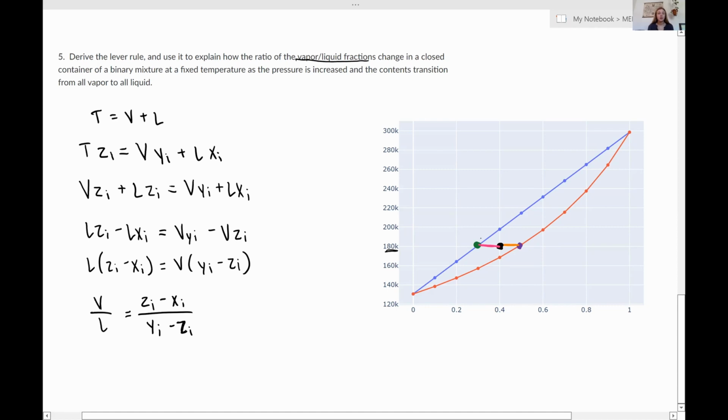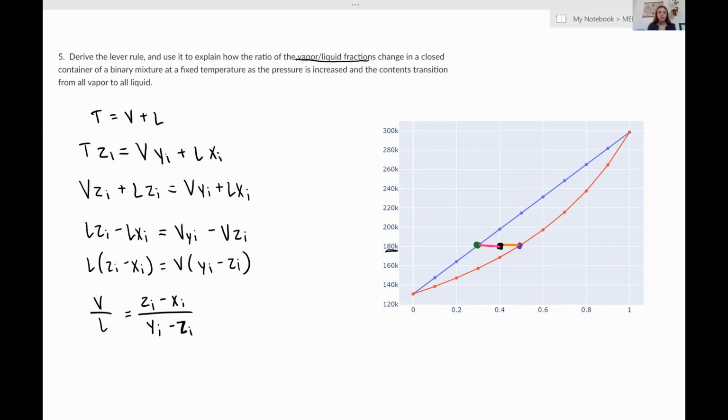And we'll have Y minus our Z in the denominator, which is going to be our mole fraction in our vapor phase, which is the red line, or where the purple dot is, minus our mole fraction in the feed, which is again the black dot. So that's what this is describing.